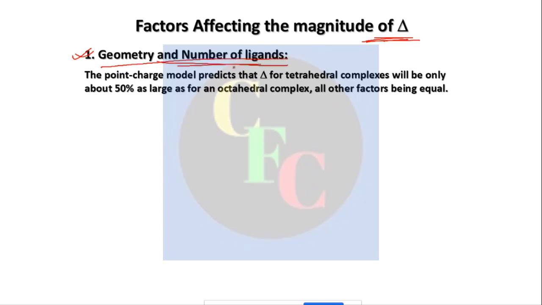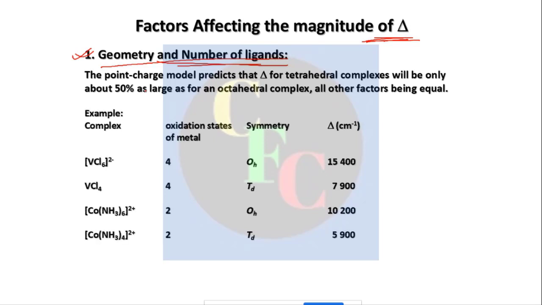The more the number of ligands, the more the splitting, as in the case of octahedral and tetrahedral. We have clearly seen that tetrahedral is hardly 50% of octahedral. Here are some examples you can see.